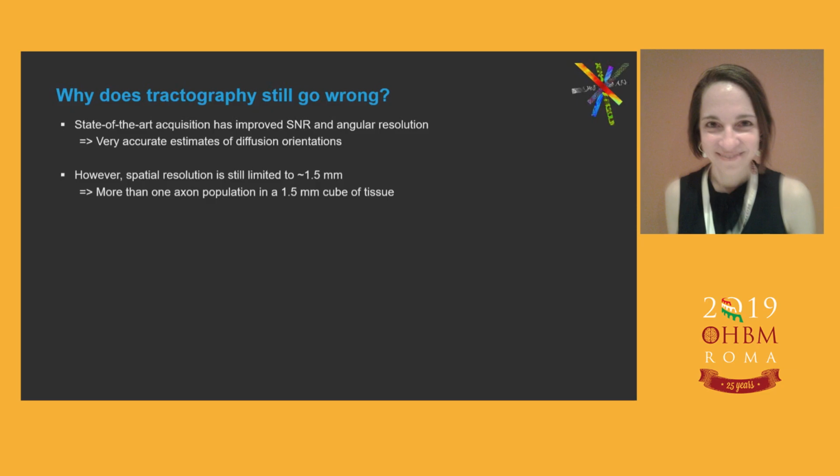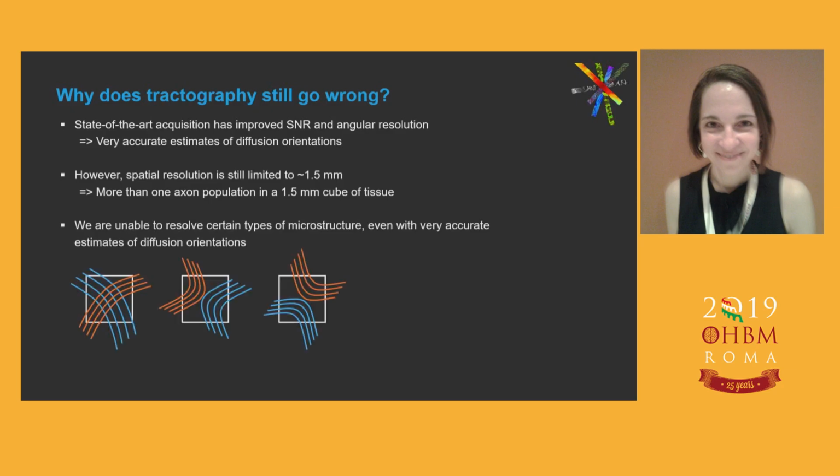And this means that for many of those voxels, there will be more than one axon population in there. And as soon as this happens, there will be multiple configurations of these axon populations inside a voxel that give rise to a very similar diffusion profile.